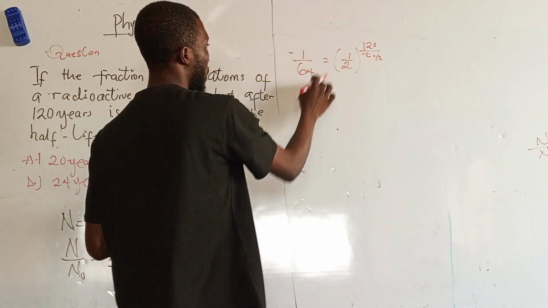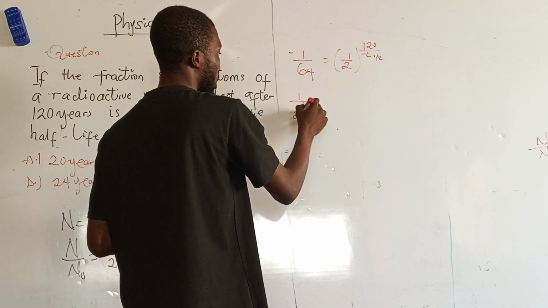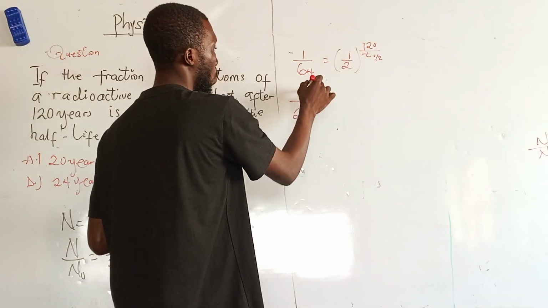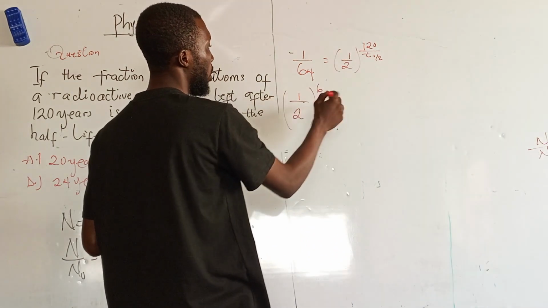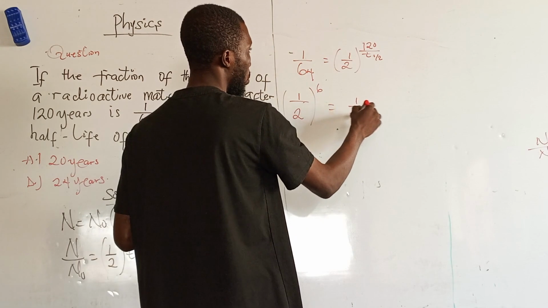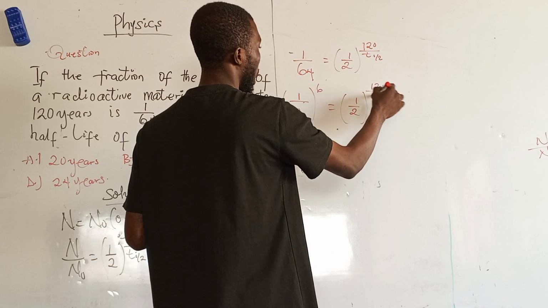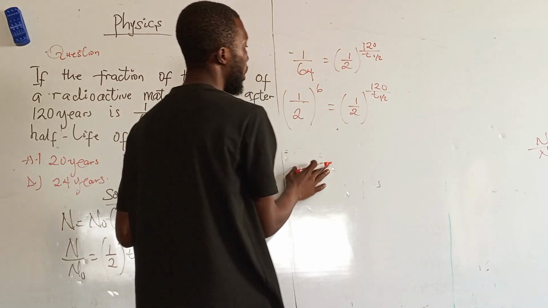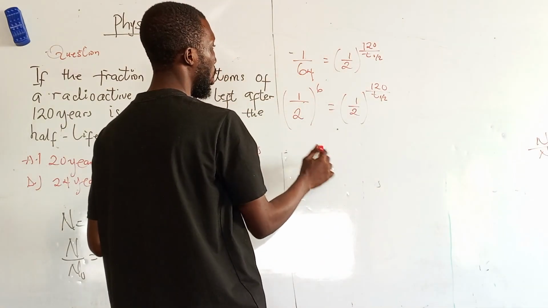So we can re-express this as 1 over 2 to the power of 6, which simply means 1 over 2 all to the power of 6, because 1 to the power 6 is still 1, which is equal to 1 over 2 to the power of 120 all over half-life. We now see that the bases are equal. We are going to equate the powers according to the law of indices.